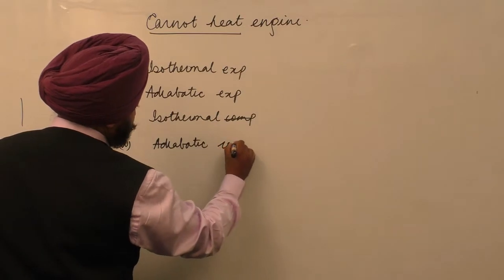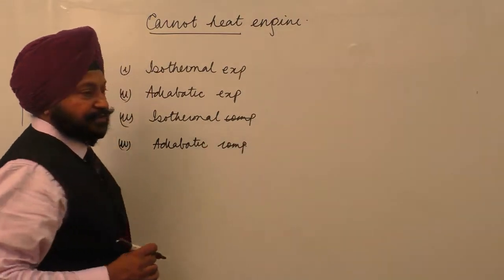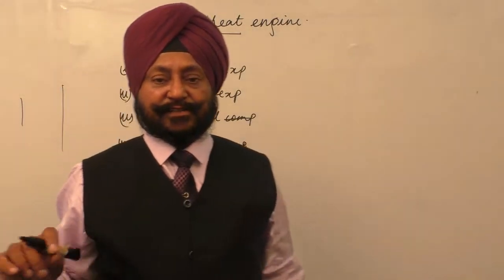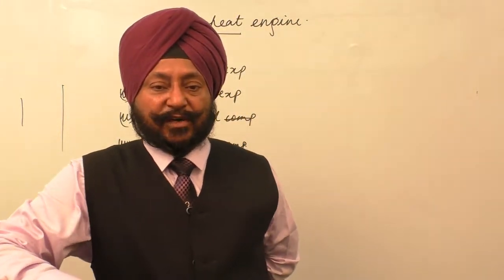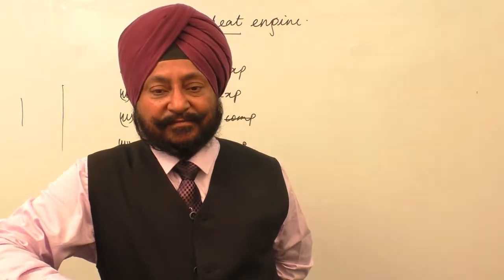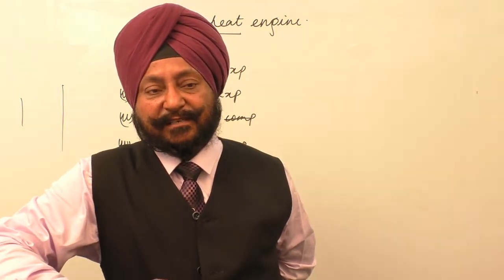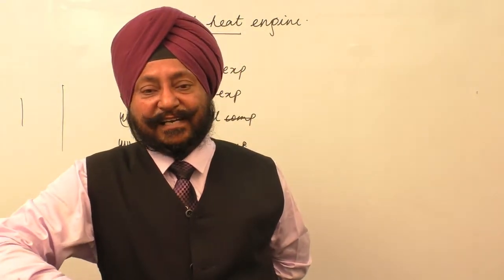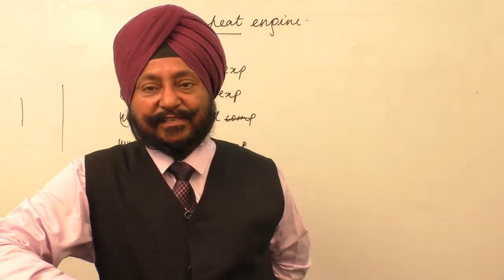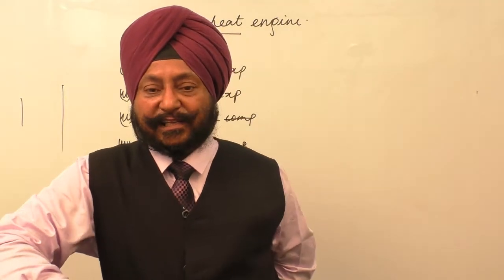Now these are the 4 steps on which this engine is based. It has the same parts, it has the source, it has the sink, it has the working substance. Now it also has an insulating stand and a piston and cylinder arrangement. The piston cylinder arrangement is such that the base is perfectly conducting and the surfaces of the sides are perfectly insulating. These are the 4 parts.